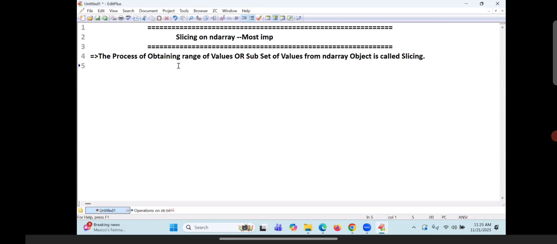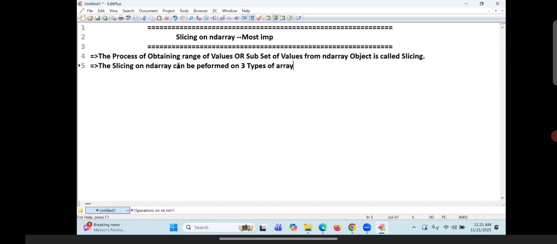Now I am going to give you the slicing operation. The slicing operation on ND array can be performed on how many types? Performed on 3 types of arrays.